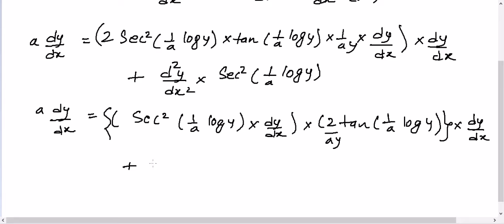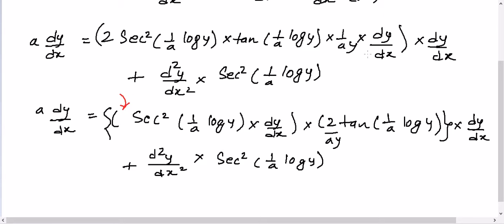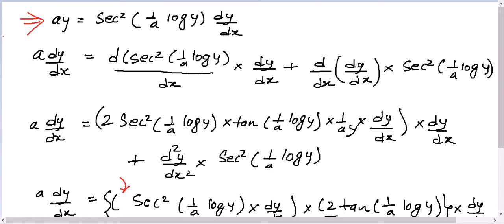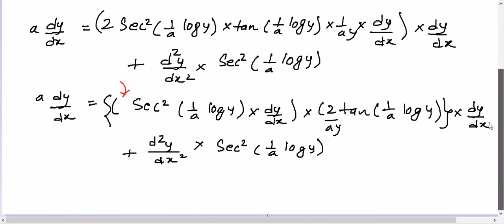plus d square y by dx square into sec square of 1 by a log y. Okay, so this is, guys, this is what ay, right? Ay, as you can see here, this is ay. So we'll just put it in here.